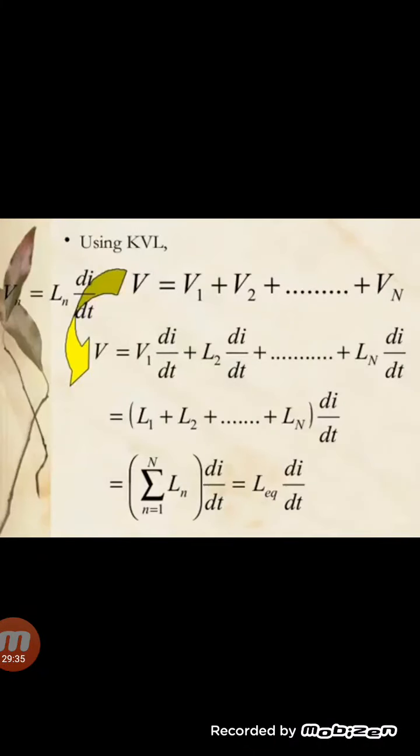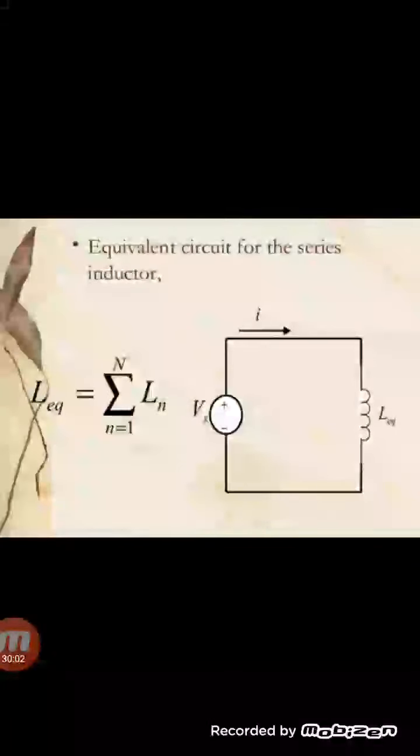Kirchhoff rules: V1, V2, Vn, L1 di by dt, L2 di by dt, L3 di by dt. That's the same procedure which we have done before. So here we have the summation i varies from 1 to n of Ln di by dt, which is L equivalent di by dt. Equivalent circuit for the series inductors will be the summation n varies from 1 to n of Ln, V of s.